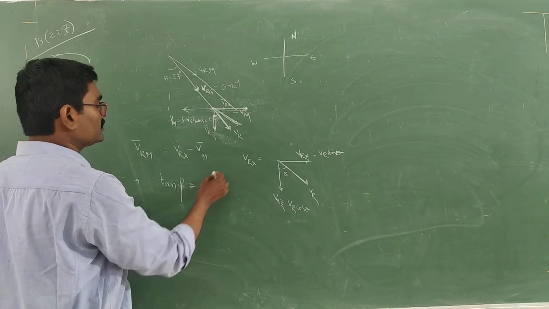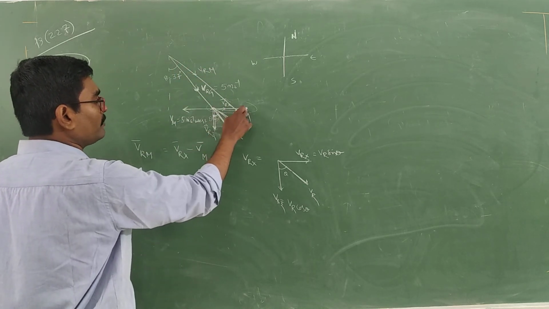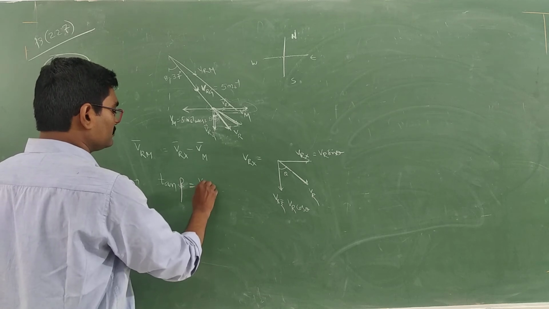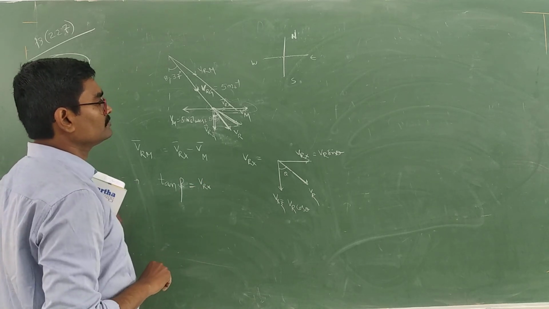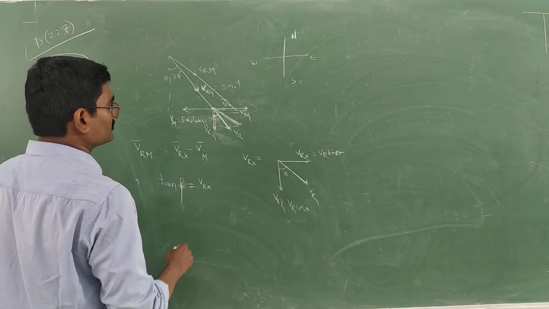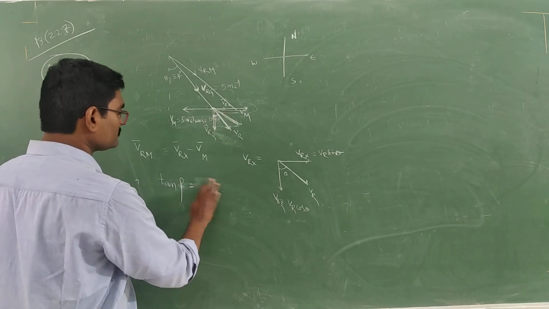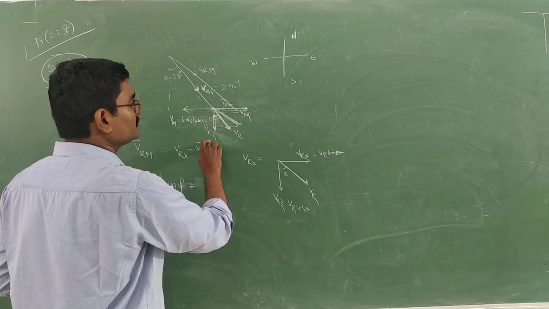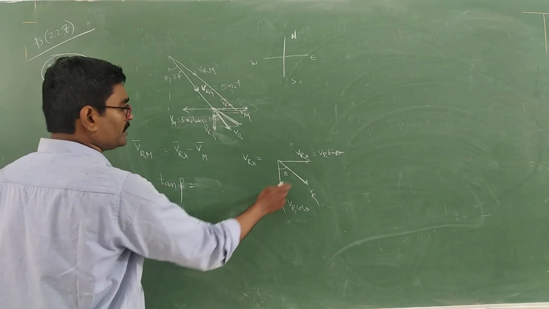So what is tan beta? Opposite by adjacent. What is the opposite side? VRX minus VRM. Okay? What is this value VRX? VR sin theta.